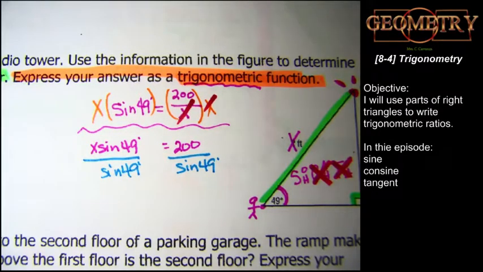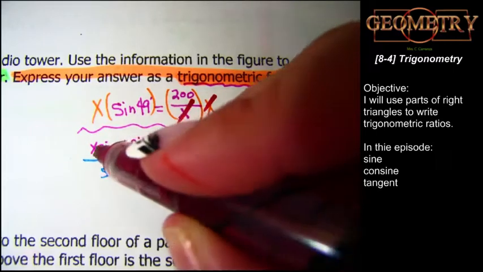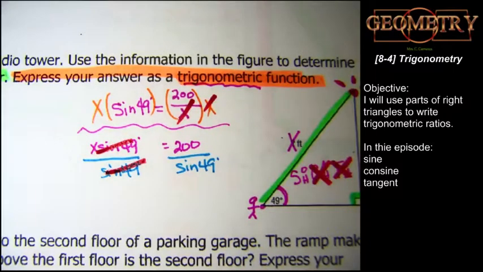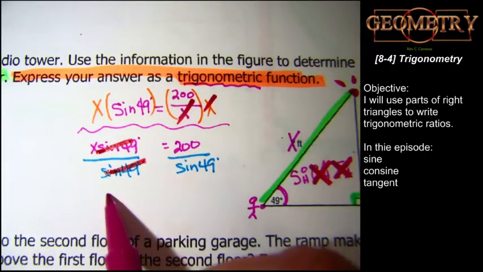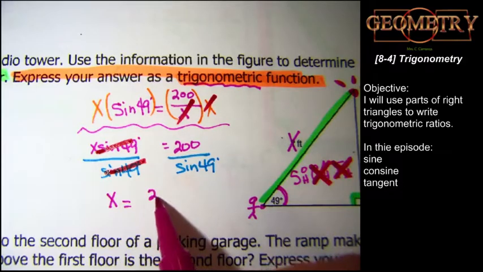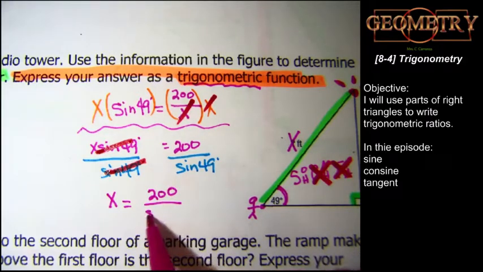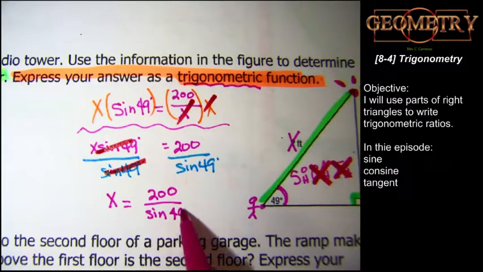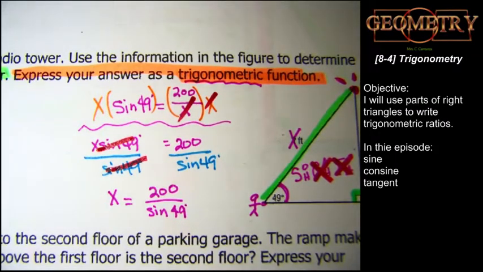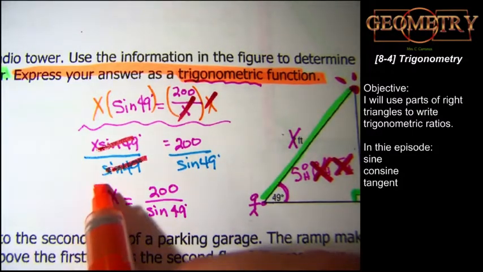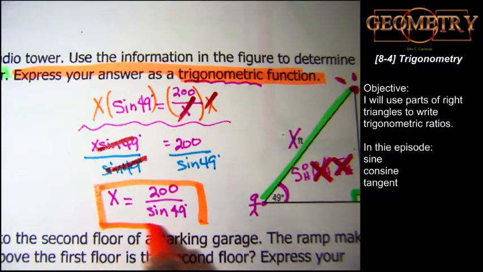Okay, we're trying to keep it. And so x equals 200 divided by the sine of 49 degrees. And because we have isolated x, the variable you told me representing the distance between K and the top of the tower, this is the answer as a trigonometric function.